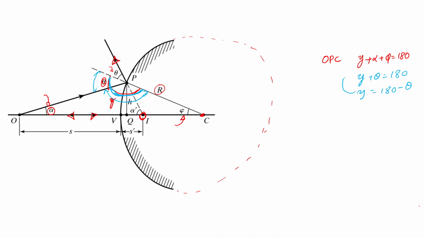So if I plug this back in here, then I would have 180 minus theta plus alpha plus phi is equal to 180. These two things cancel, and I would get theta is equal to alpha plus phi. Right? Theta is equal to alpha plus phi.